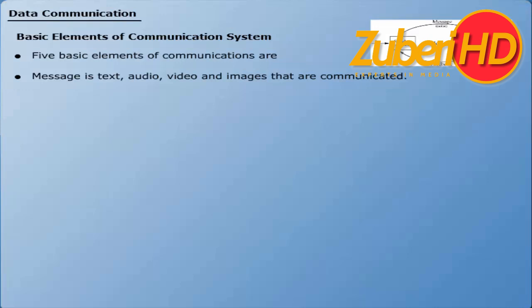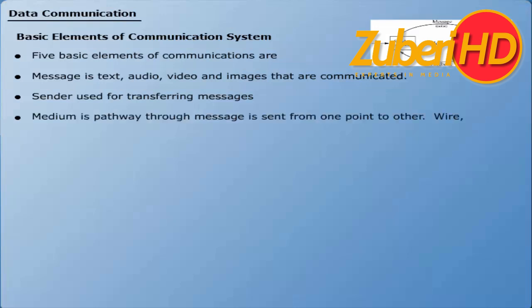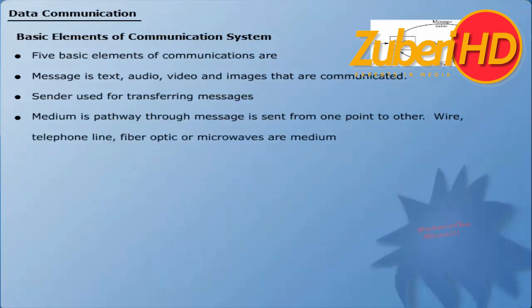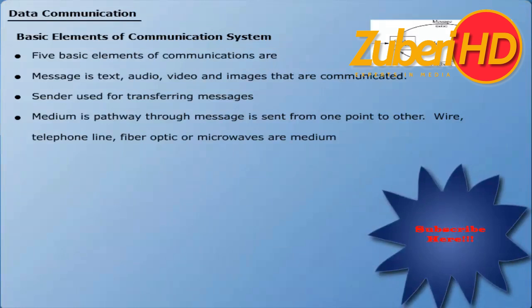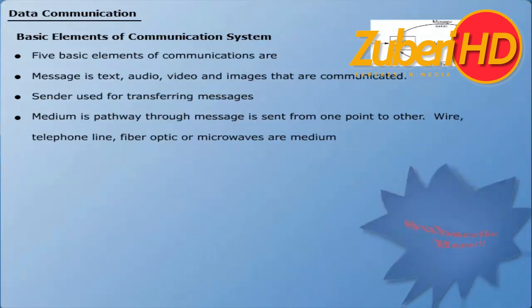The node that is used for transferring messages is called transmitter, source, or sender. Number 3. Medium. Medium is the pathway through which message is sent from one point to another. Wire, telephone lines, fiber optics, or microwaves are mediums used these days.